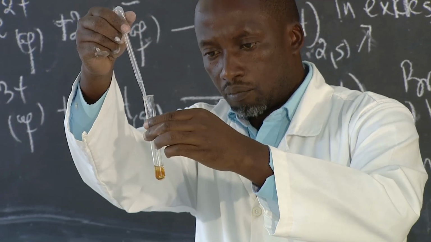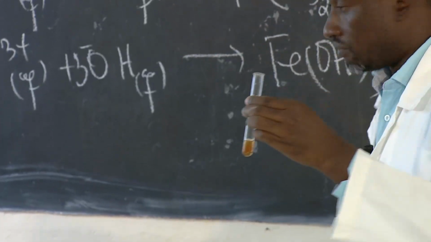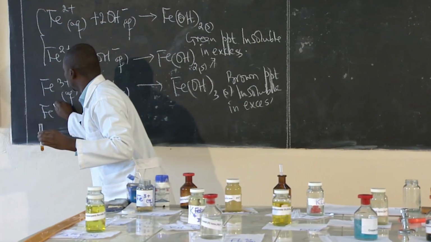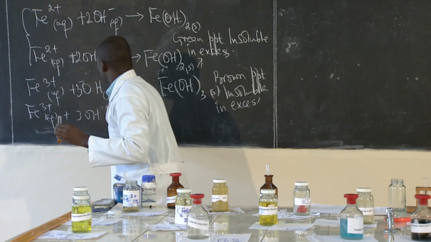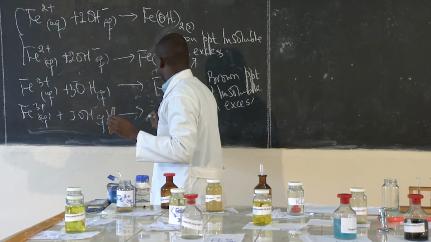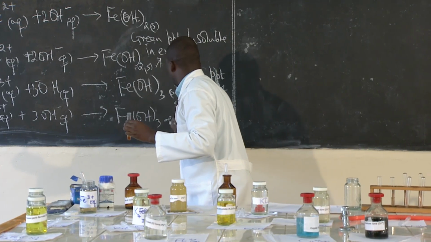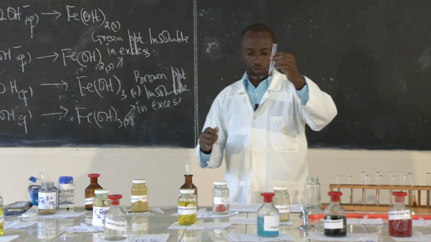Gelatinous, that is the same precipitate. So still we are having iron 3 also reacting with the hydroxide ions, giving iron 3 hydroxide, this is a solid. It is the same, it is precipitate as well.